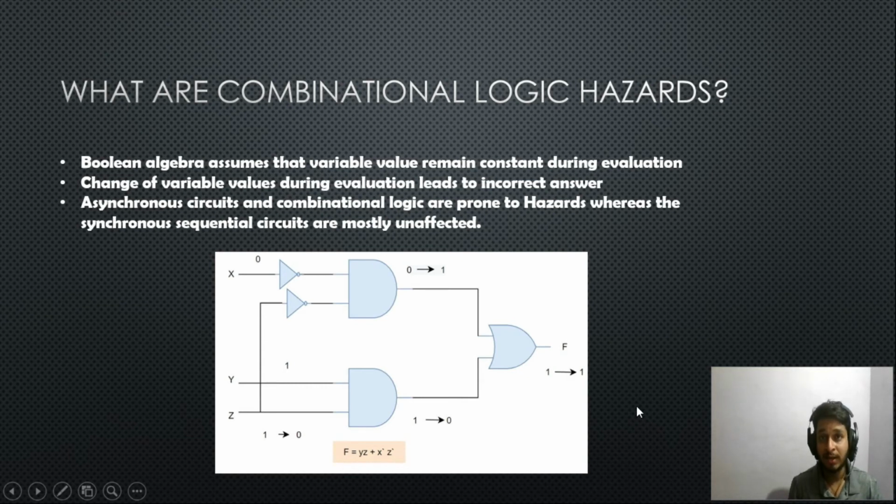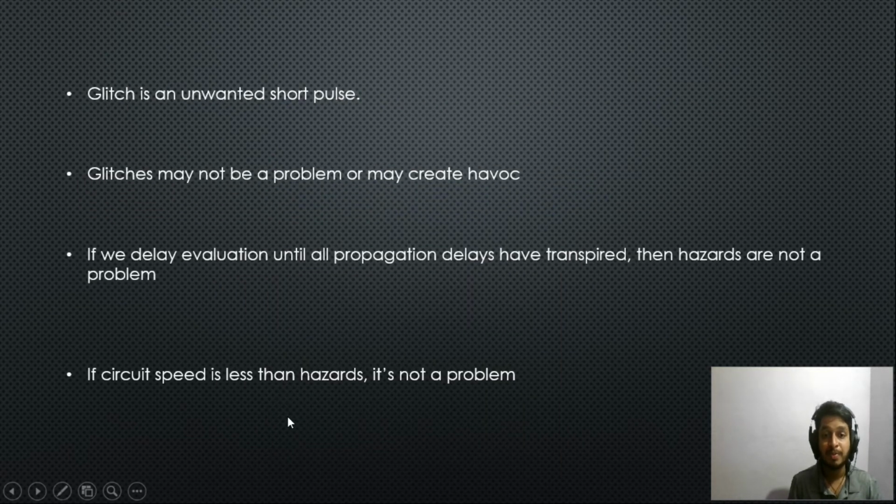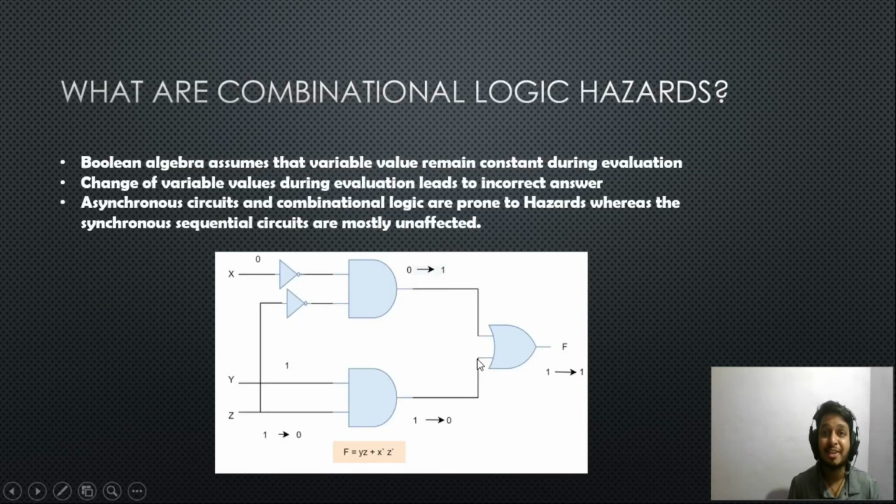If the clock speed is less than that of the hazard, which means it has more delay, then it is fine. If 0.5 nanoseconds is the worst propagation delay, and the clock speed itself is lesser than that, which means the period of the clock is more than 0.5 nanoseconds, definitely it's not going to be a problem, because after 0.5 nanoseconds it's going to be read.